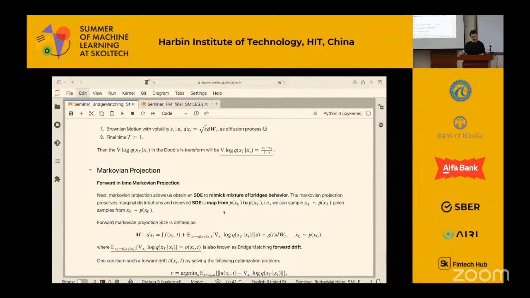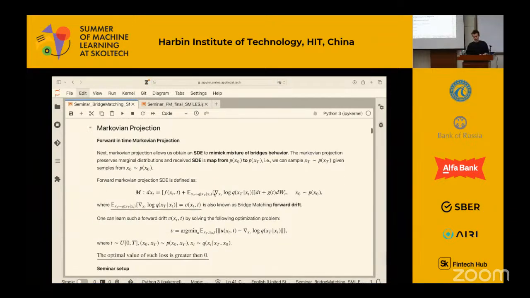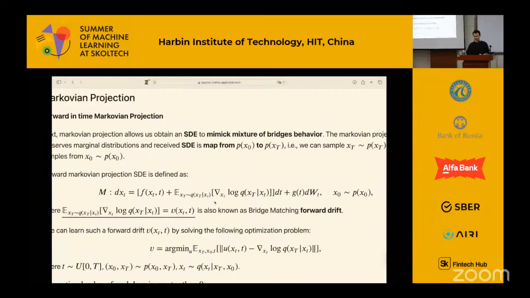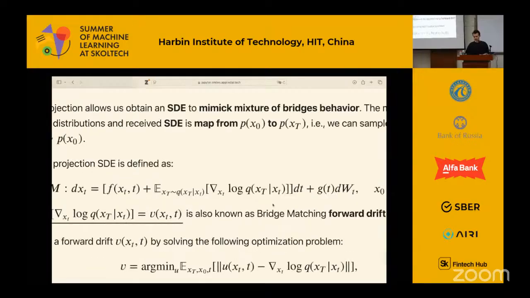So we can do this Markovian projection, again, which Alexander told about. So basically, this Markovian projection tries to learn a stochastic differential equation with this altered drift. Again, this is different from the prior process just by this expectation of the gradient of the logarithm function, the expectation of this score function.